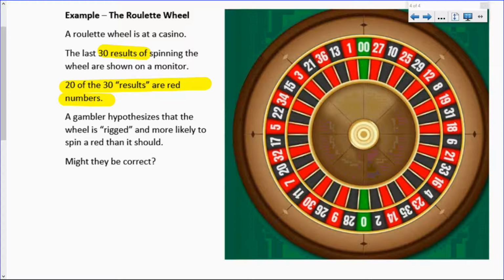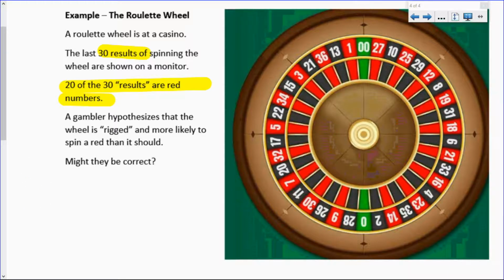Step one is, if we're going to do this mathematically correct, we should state a null hypothesis. We need to think a little bit about this, maybe even before we get into our null hypothesis, and realize that in reality there are 38 numbers.